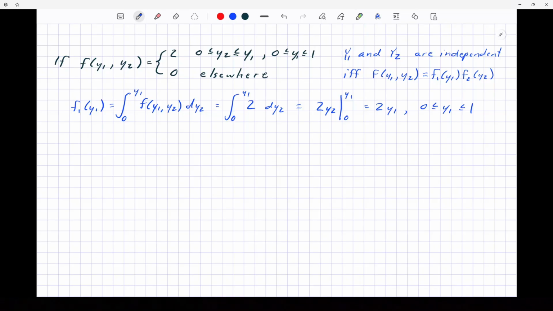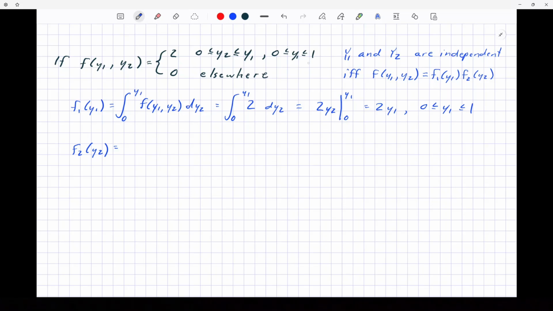So we're 2/3 of the way there. We have f of y1 and y2, and we have the marginal probability for y1. Let's go ahead and get the marginal probability for y2. Now in this case, we see that y1 is defined from 1. Now this is important. It's defined as 1.